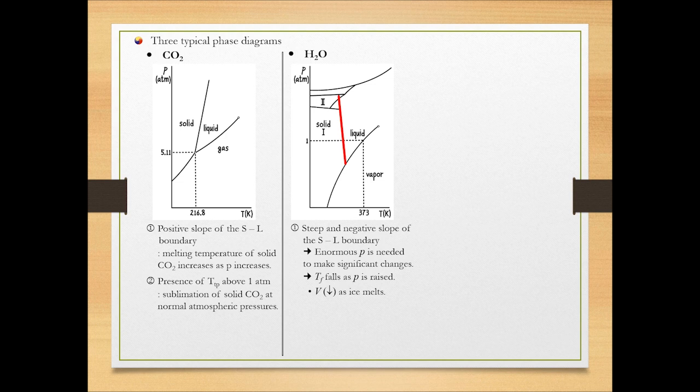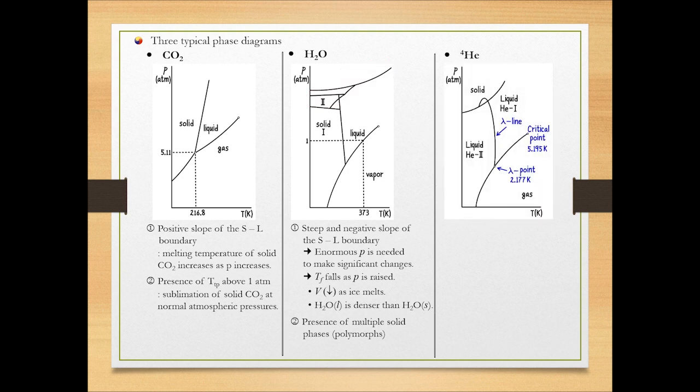It's a unique property of water that plays a critical role in both natural and scientific phenomena. It also implies that liquid water is denser than solid ice. Another distinctive feature of water's phase diagram is the presence of multiple solid phases known as polymorphs.